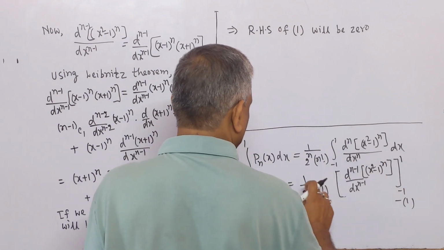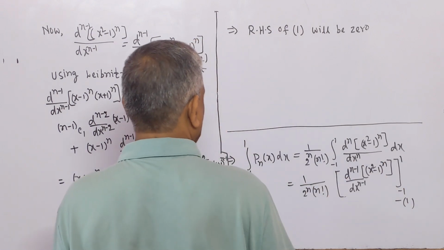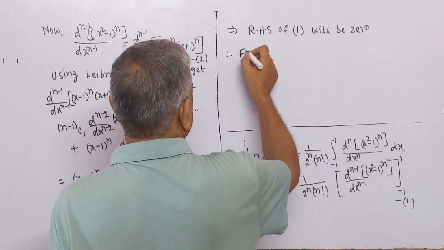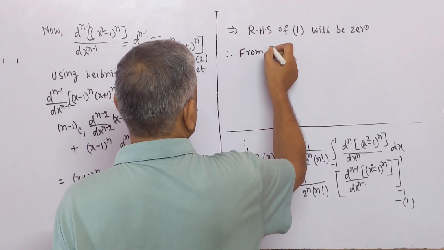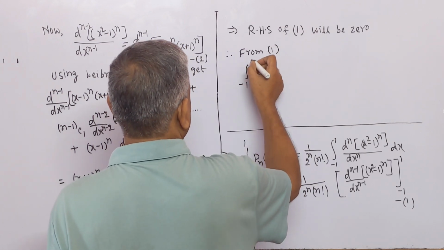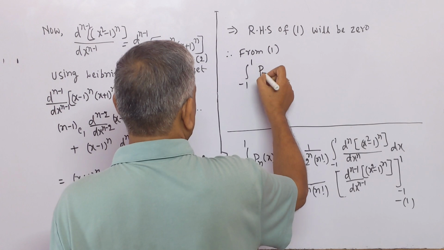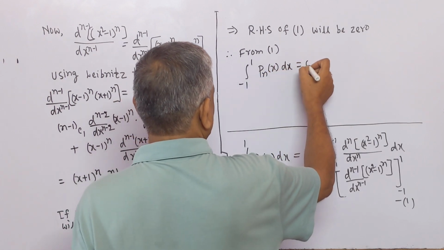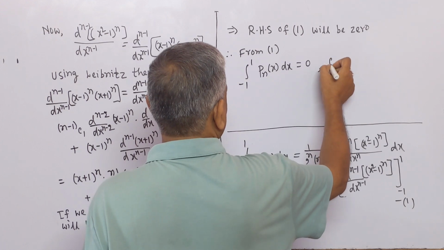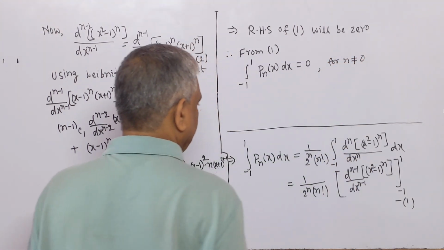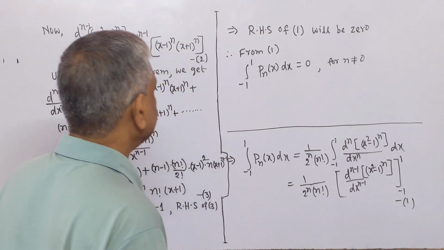So 0 multiplied by this thing is 0. Therefore from 1, the integration from minus 1 to plus 1 of Pn(x) dx equals 0 for n not equal to 0. Here we have applied n not equal to 0. Proved.